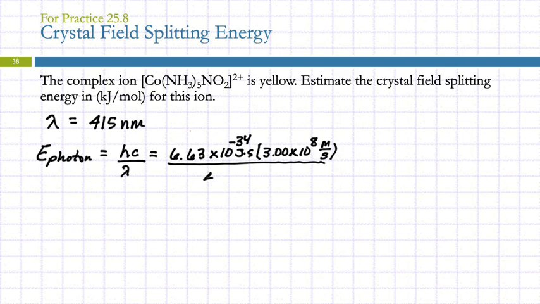So I'm going to write 415 nanometers, 415 times 10 to the minus 9 meters. 6.63 times 10 to the minus 34 times 3 times 10 to the 8th divided by 415 times 10 to the minus 9.